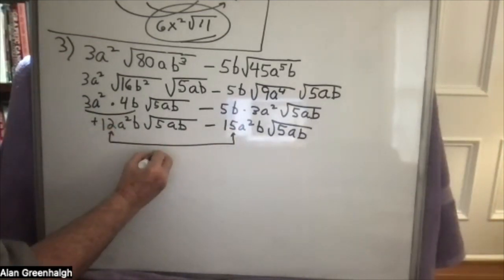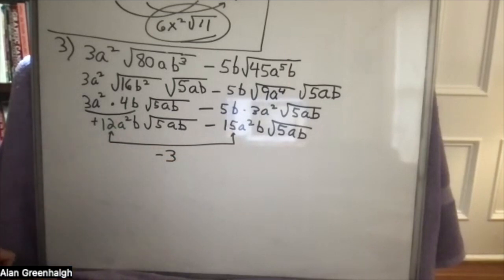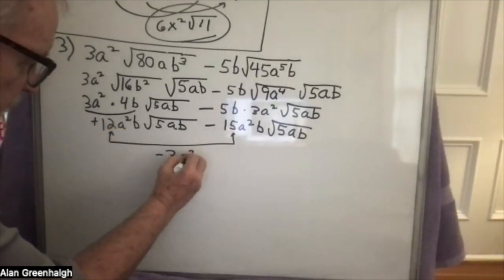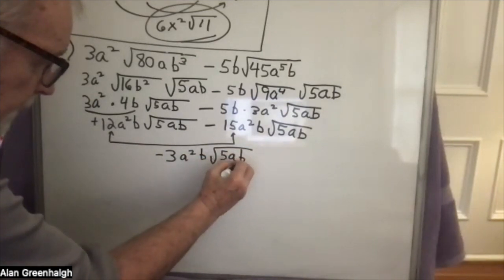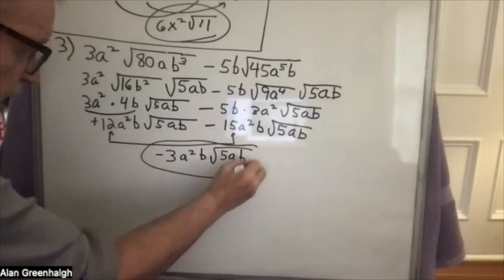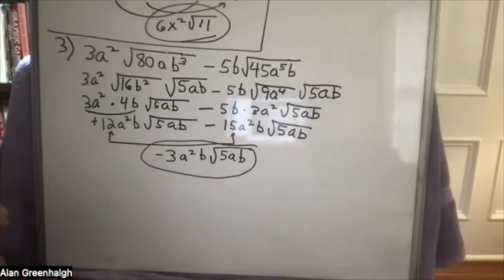And that will give you negative 3. And then bring everything else along. And this is the answer to the question. I guess that's a hard problem.